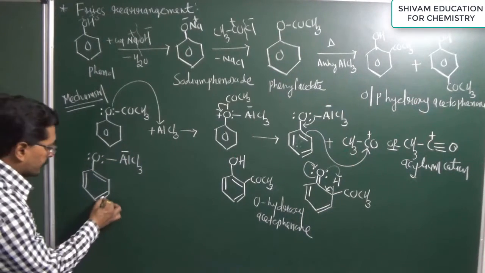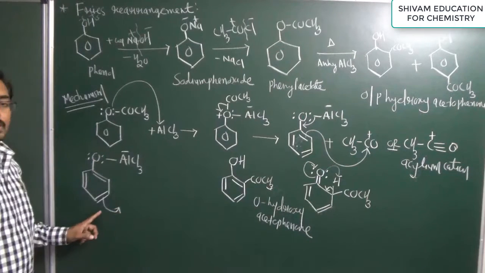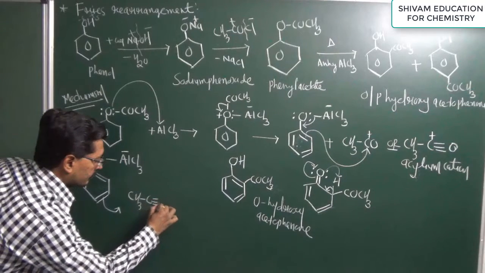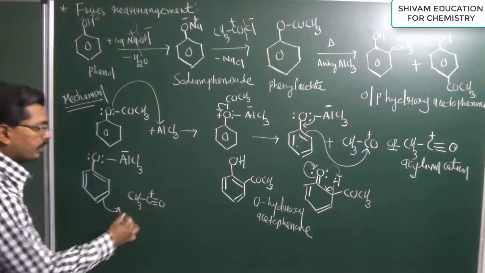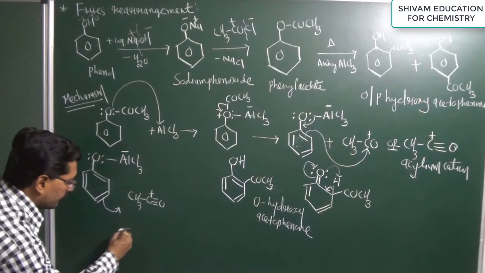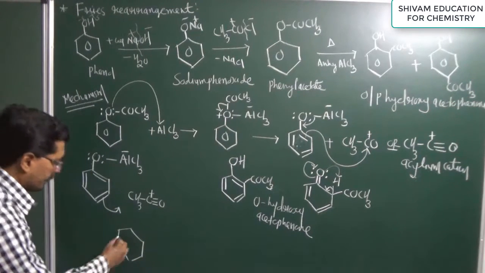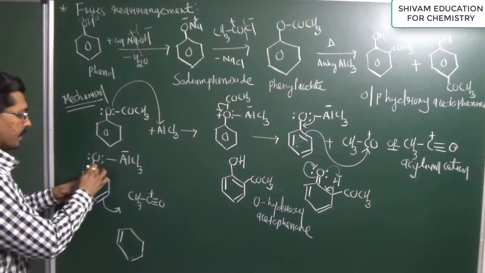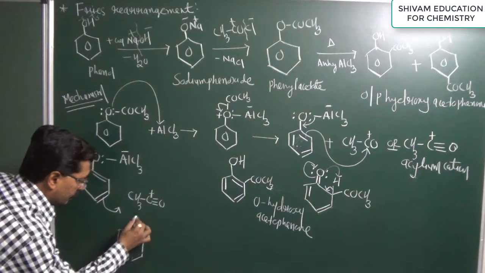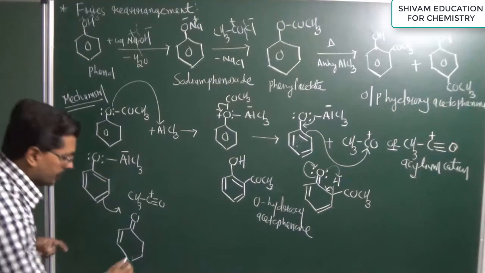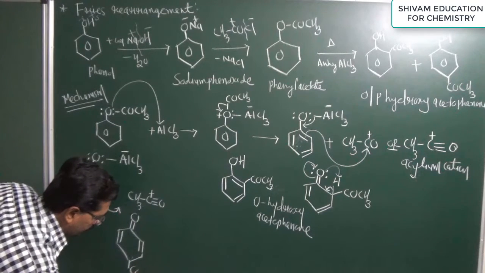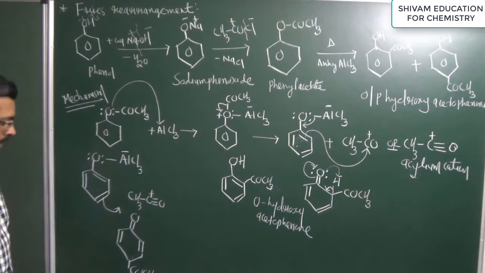Now assume this pi bond electron pair is given to this acylium cation, then a double bond formation occurs, so we get this type of structure. Here the double bond is broken, a double bond forms between this carbon and oxygen, and ultimately this pi bond breaks and here a double bond forms. We get this type of structure, COCH3 and here a hydrogen atom.